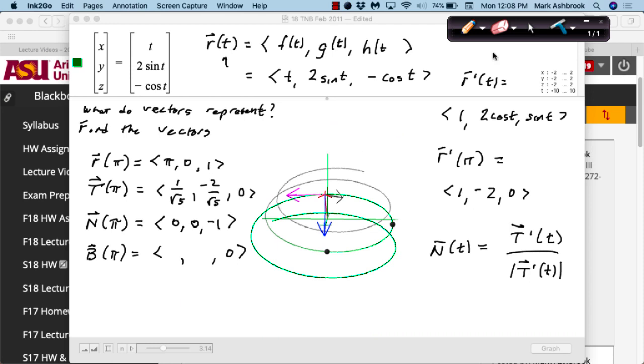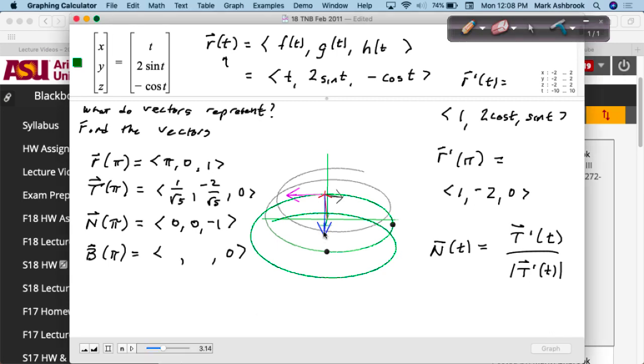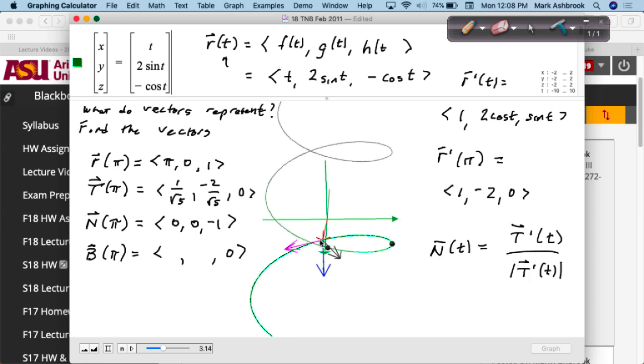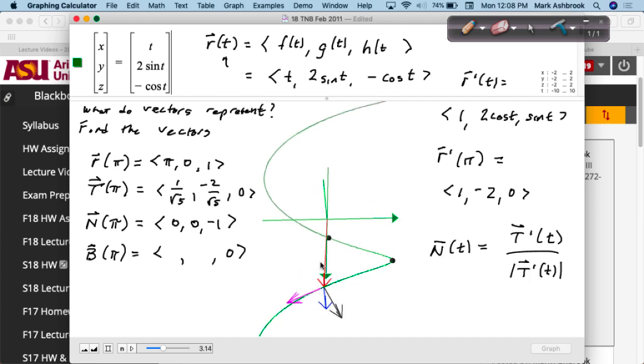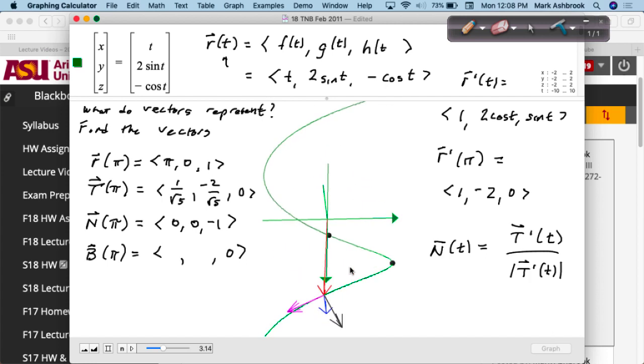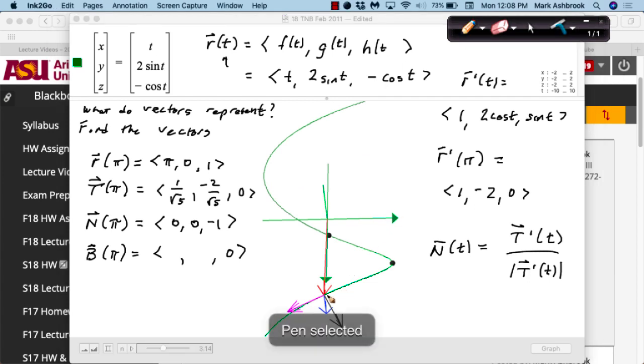So now, what's true about the relationship between T and B? Given any two of the vectors, what's true about any two of the vectors? They're orthogonal. See that? So now I'm looking down on it, and T is in the ratio of 1 this way and -2 this way. In order for B to be orthogonal, you can use the symmetry of this.